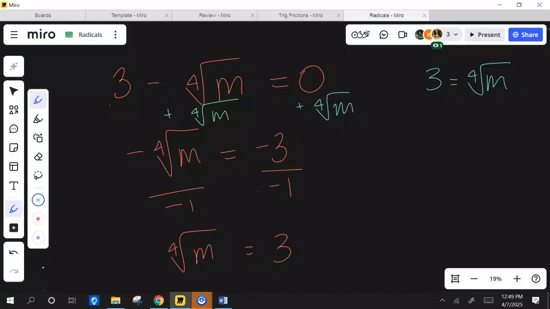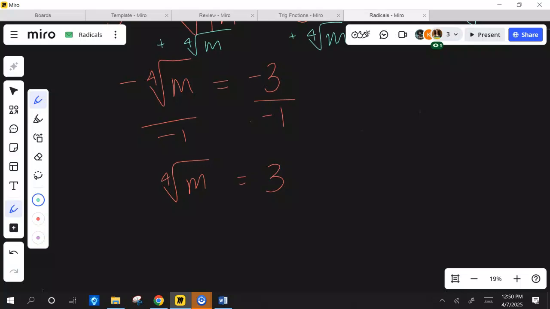The only problem with that is if it was a number in front instead of just a negative, you would have to raise that number to the 4th power also.